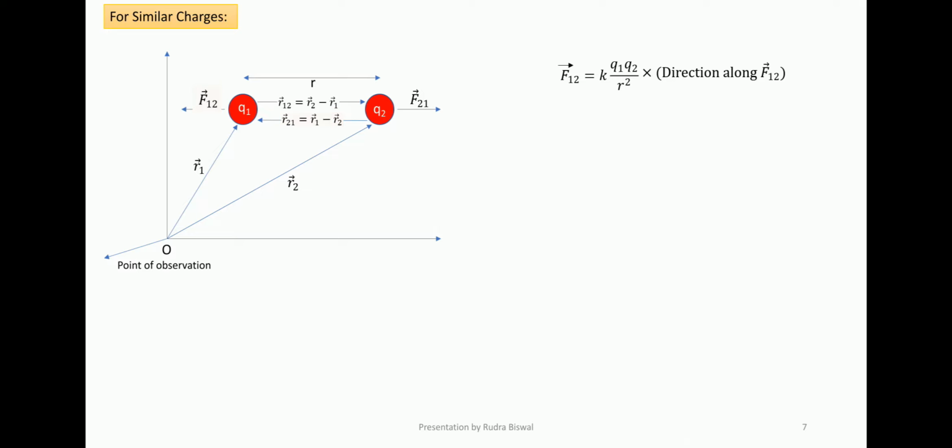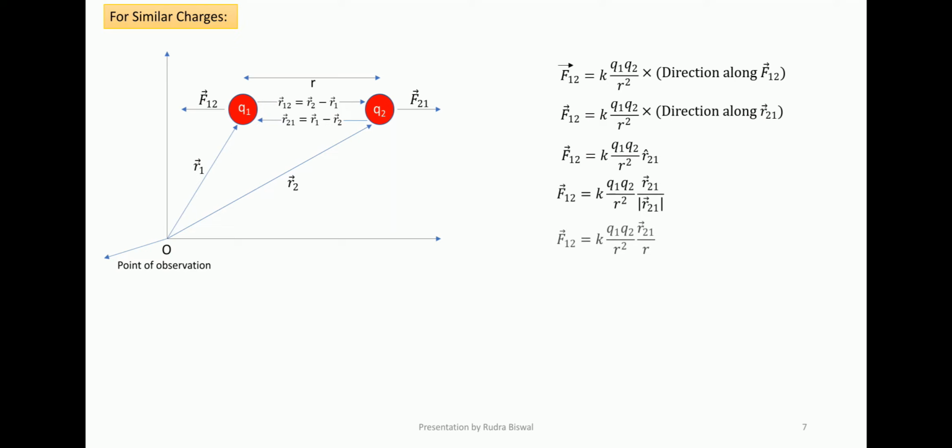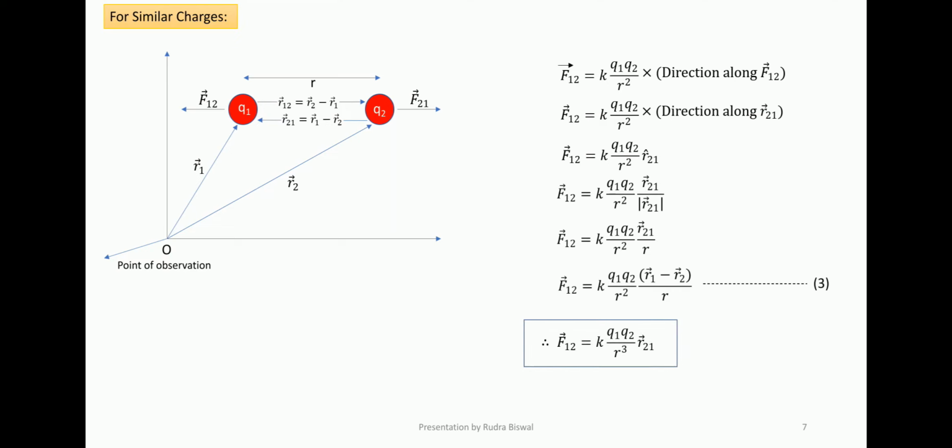So we replace the direction of F12 vector with that of R21 vector. Similarly, you can find F21 vector exactly in the same way. Let's go.